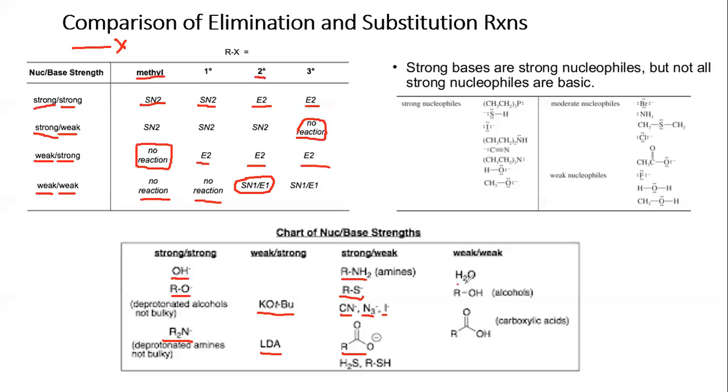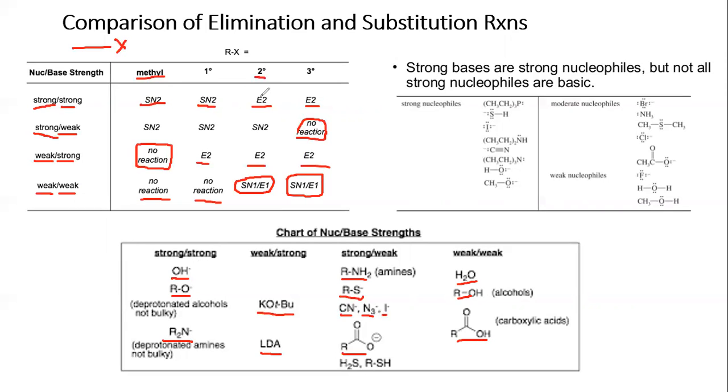These are things like water, alcohols, and carboxylic acids. It's very good to understand this chart because it will help you identify what types of products are formed when you use a strong nucleophile, strong base, such as hydroxide.